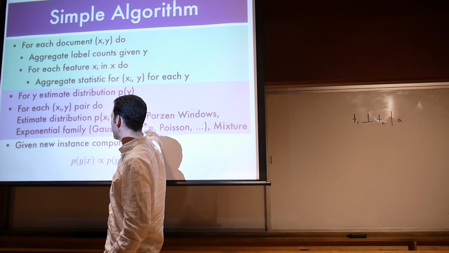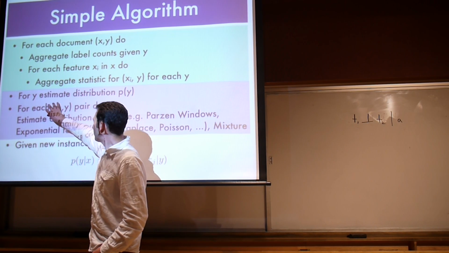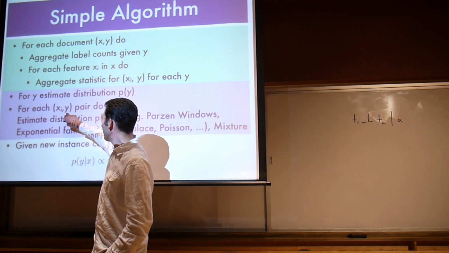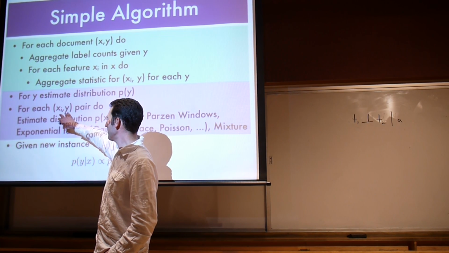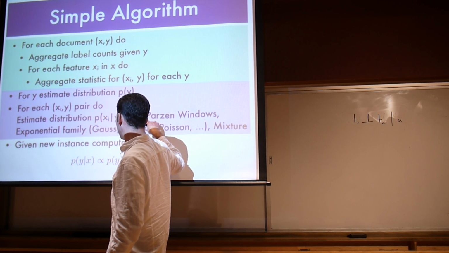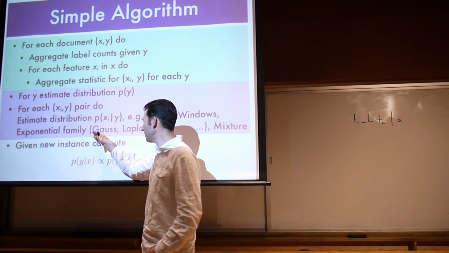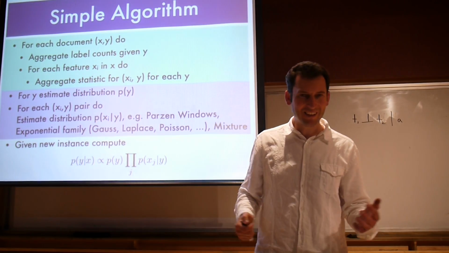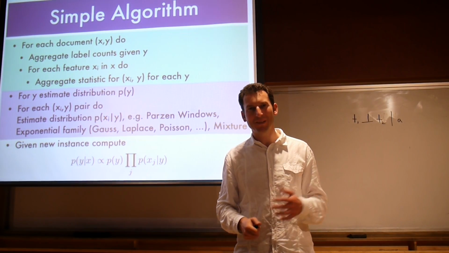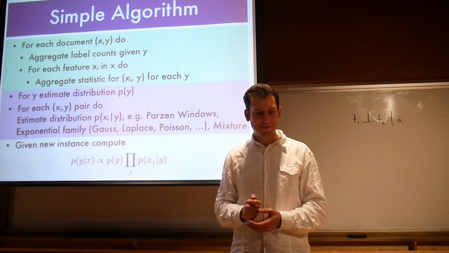It's just counts and ratios. Now, for x given y, I just need to get all the xi, y pairs for a given y, and then I just do density estimation. And I could use whatever tool I want. I could use Gauss, Laplace, Poisson, mixture, anything that I want for this. That would give me a slightly less naive Bayes classifier.